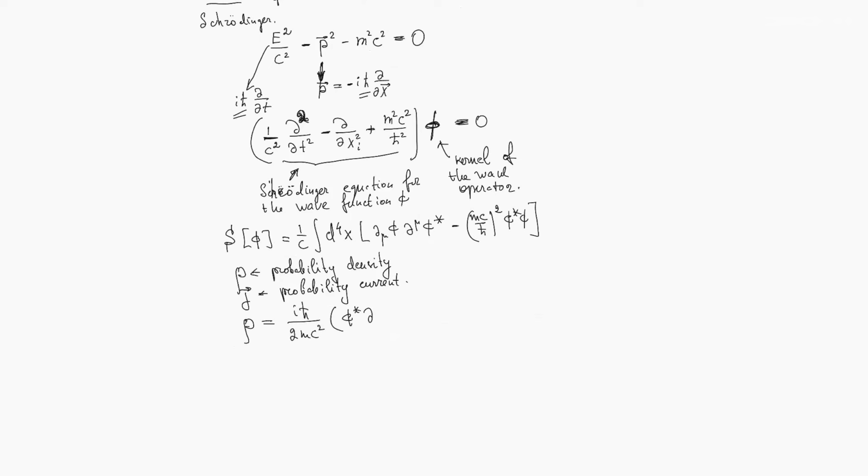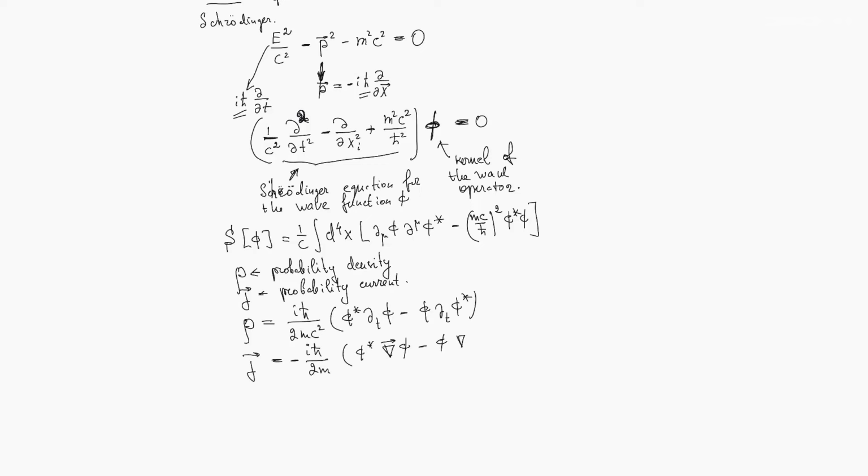And the probability current J is given by minus h bar i divided by 2m, phi star gradient of phi minus phi gradient of phi star.